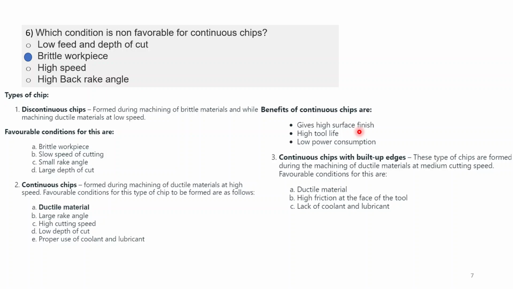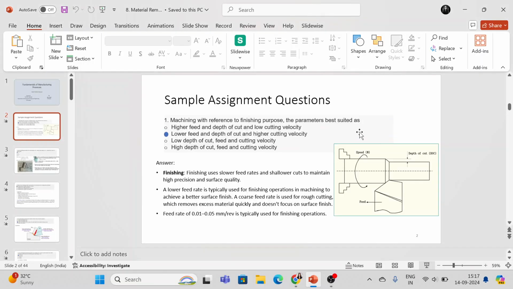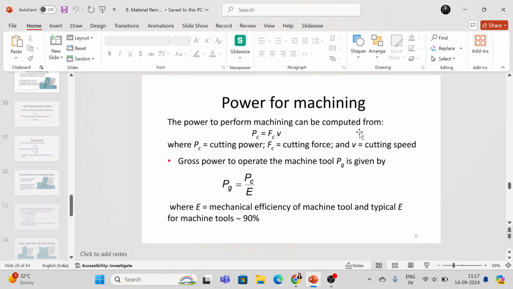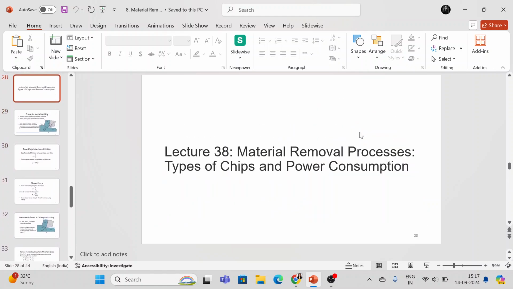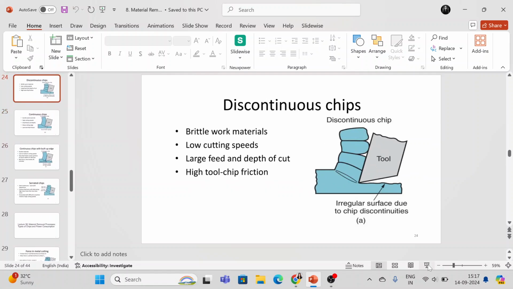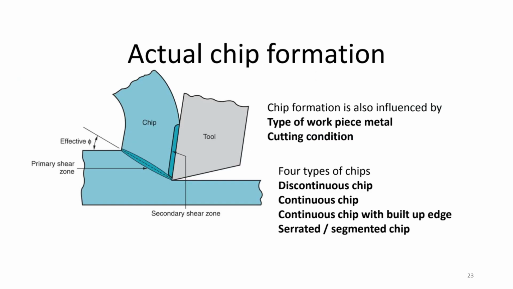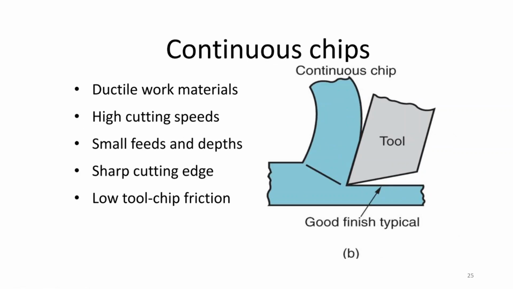Okay, so here it is. If you have discontinuous chips, then it is more likely to have an irregular surface due to chip discontinuities, and if it is a continuous chip, then it is more likely to leave a good surface finish.